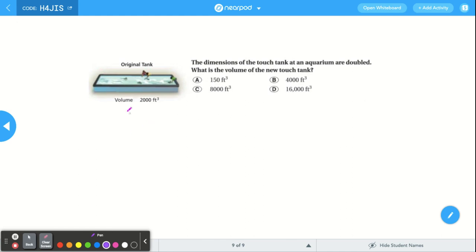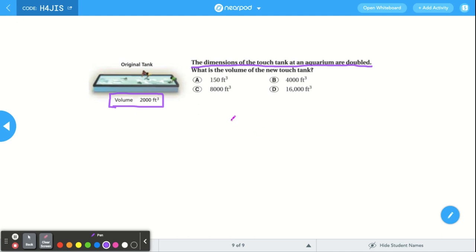What they tell us here is that the volume of the original is 2,000, and they're going to double those dimensions for the new tank.